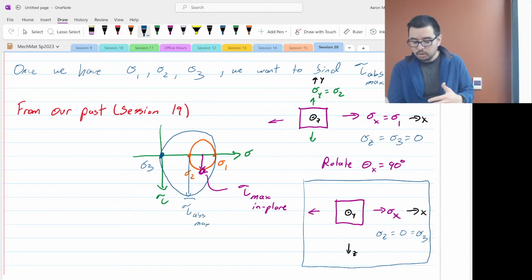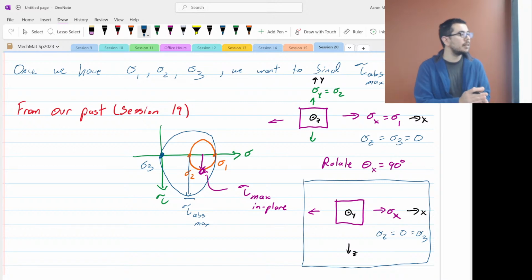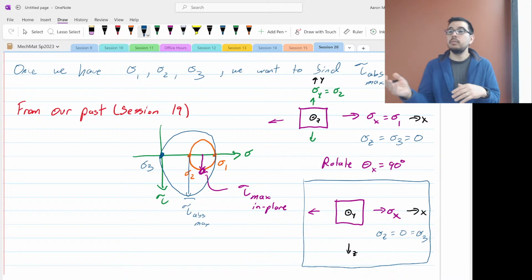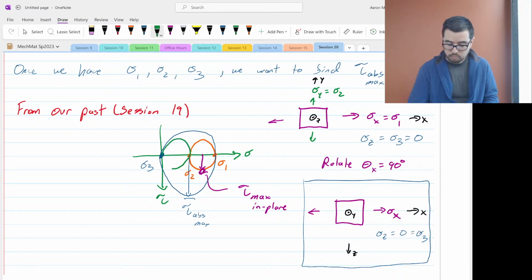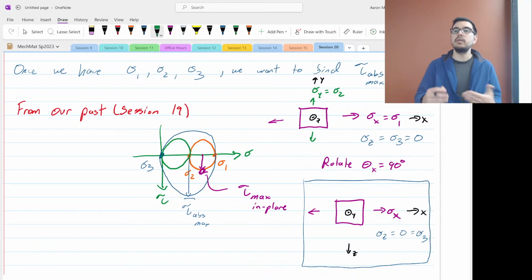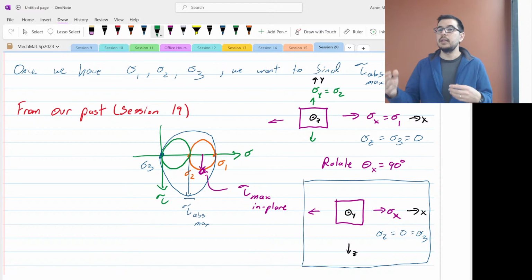And if we looked at the yz plane, we didn't do it, but what we would see is sigma 2 and also sigma 3, and we would be drawing this circle inside. That's going to have a smaller maximum shear stress than the absolute maximum shear stress that we see with the xz plane.